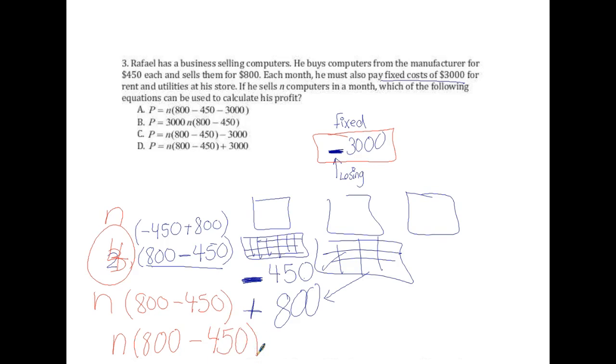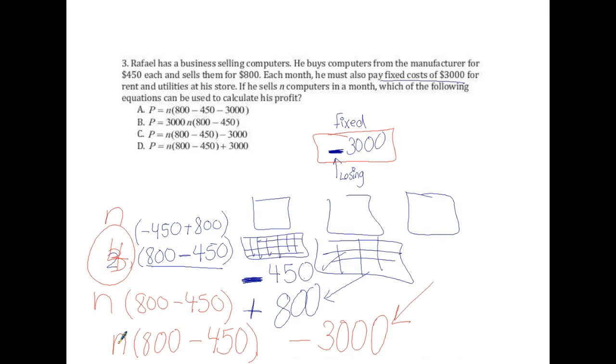No matter how many computers he buys, you have to take away $3,000 for rent and utilities. If it's a fixed number, it cannot be inside parentheses. Inside the parentheses are the values that depend on n, which is the number of computers.